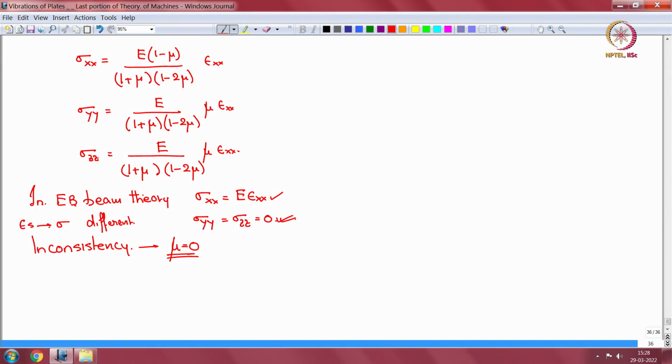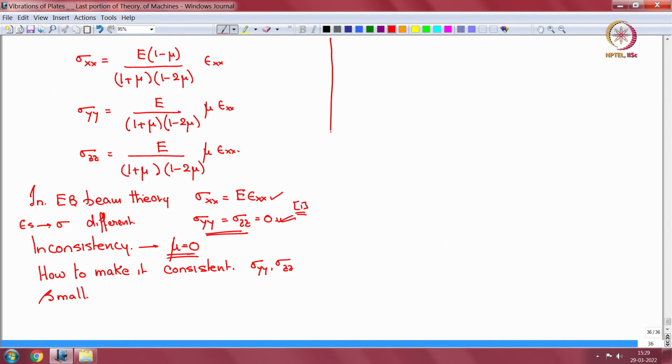So how will you make it consistent? The way to make it consistent is, because one side says they are 0, if you can find conditions where sigma yy and sigma zz values are small, then you have found the conditions to make it consistent, okay. So this is one inconsistency.